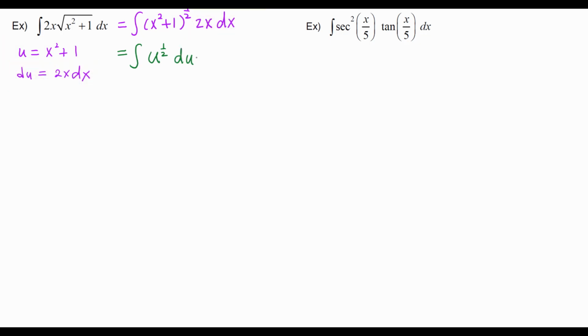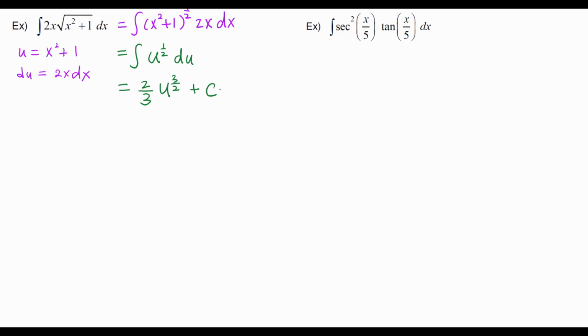Correct. So now we can use the power rule for integrals. We add 1 to the 1/2 power, which is 3/2. Since my power is a fraction, you can multiply by the reciprocal instead of dividing by a fraction. So I have 2/3 u to the 3/2 power plus c.